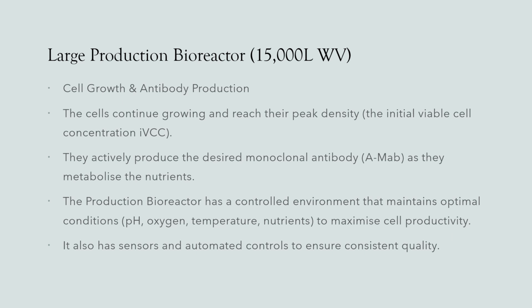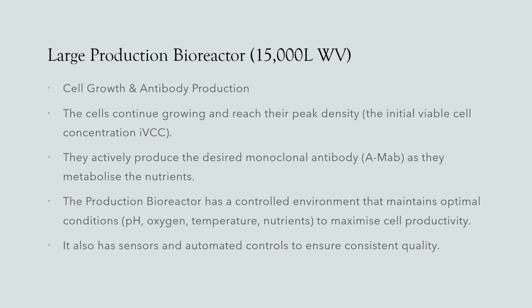And then eventually they will actively produce the desired monoclonal antibody when you provide the correct nutrient feed. And as I said, it has to have the controlled environment for that antibody production. That might be different to the environment and nutrients required for your cell expansion.